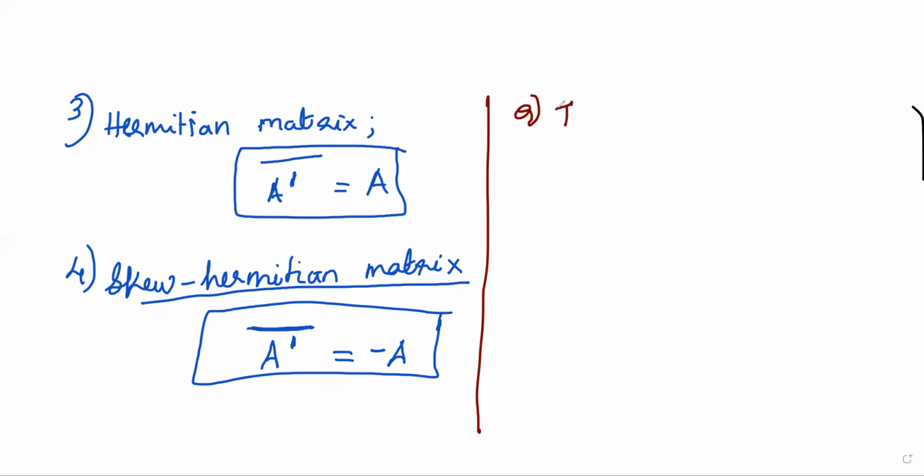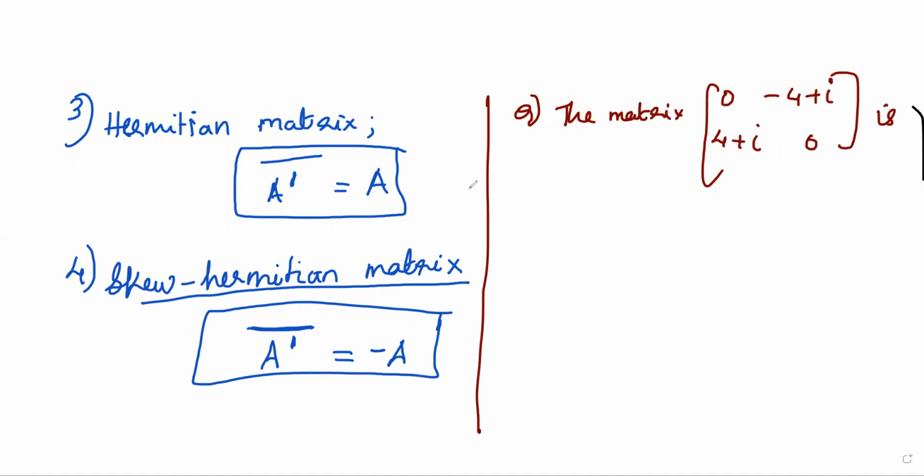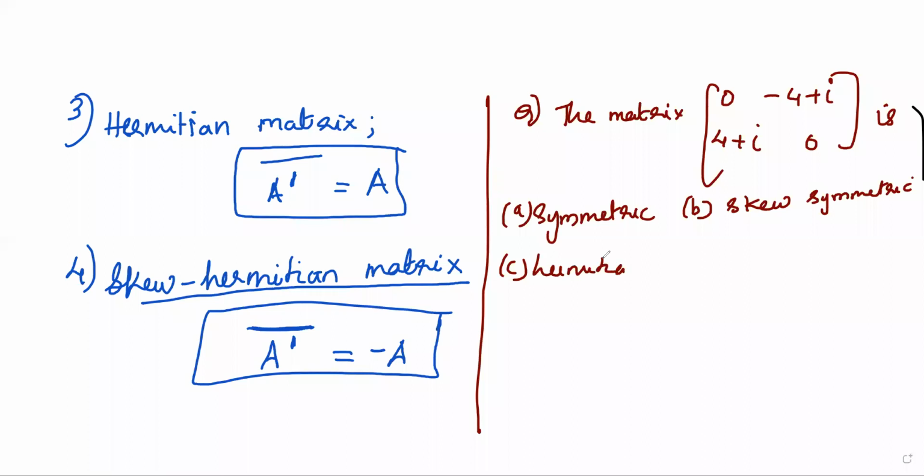Question is: the matrix 0, minus 4 plus i, 4 plus i, 0 is, options: symmetric matrix, skew symmetric matrix, Hermitian matrix, skew Hermitian matrix.